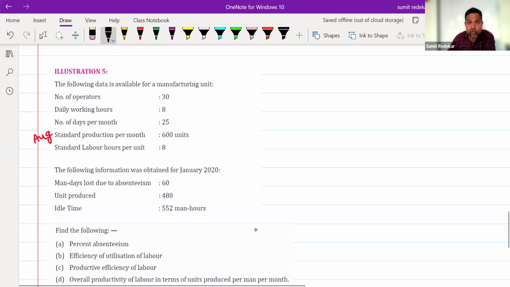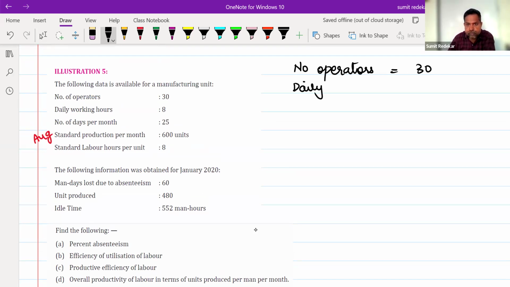So we are going to begin by obviously writing the question. Number of operators is 30. Daily working hours is 8.